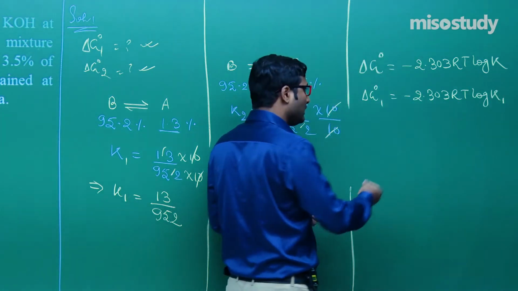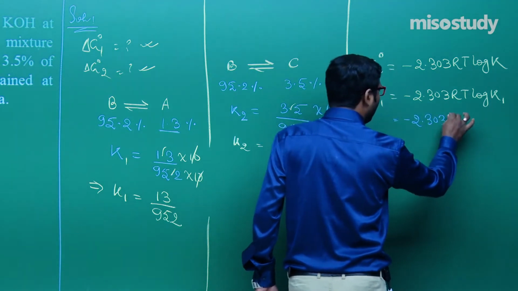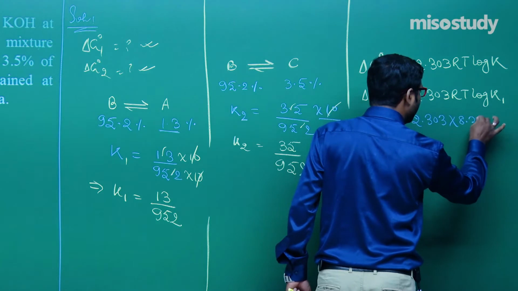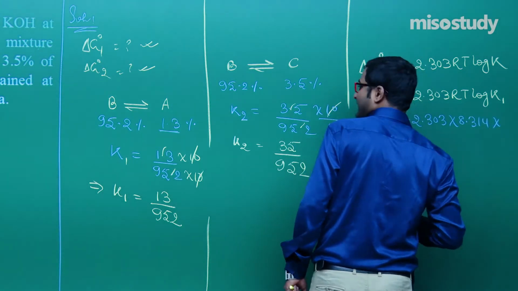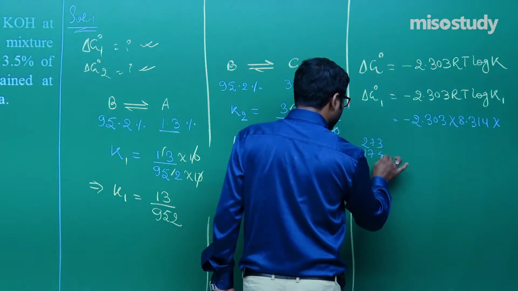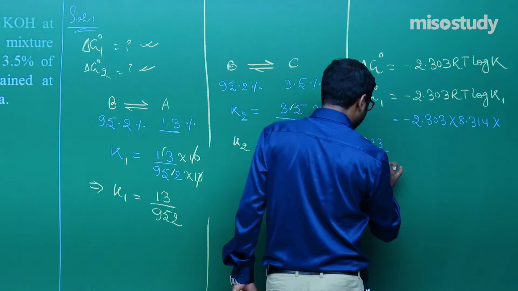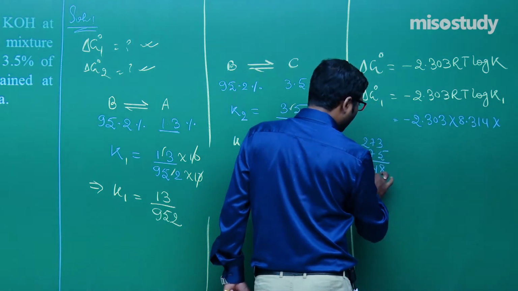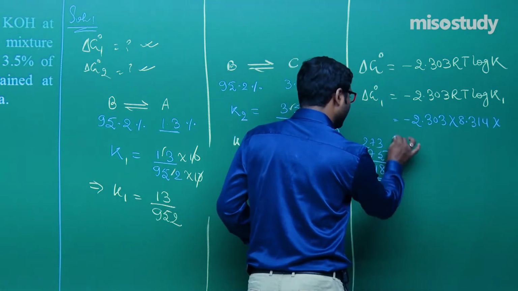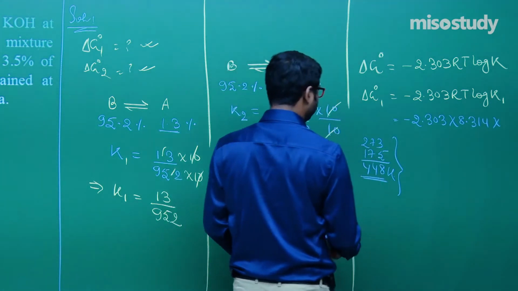Am I right? Now put this value: minus 2.303, the value of R is equal to 8.314, and temperature is 273 plus 175, that is 448 Kelvin. Clear? This is the value of temperature if 175 is given.